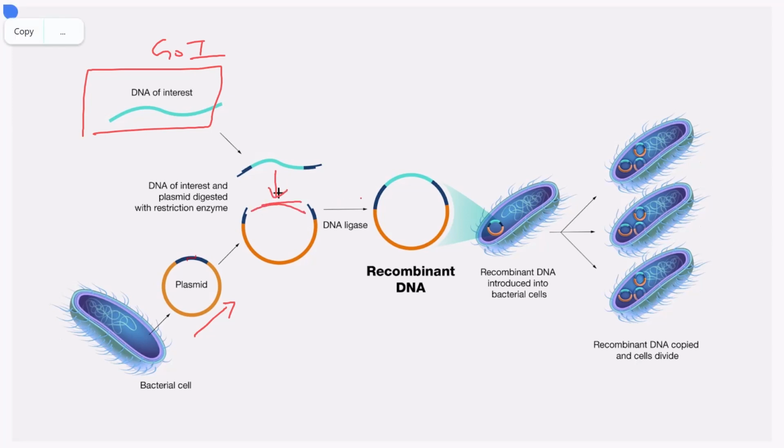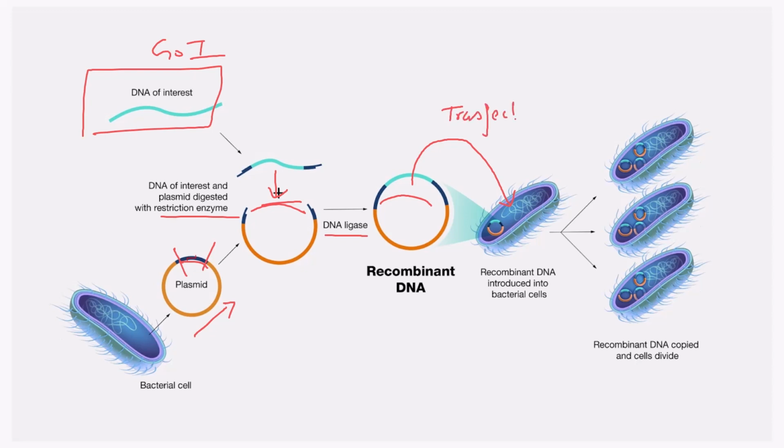We integrated using DNA ligase. First we used restriction enzymes to break the strands, and then we used DNA ligase to ligate the gene of interest into the strand of the plasmid. Now we need to transfer this plasmid into our bacterial cell, right? This is called transfection.